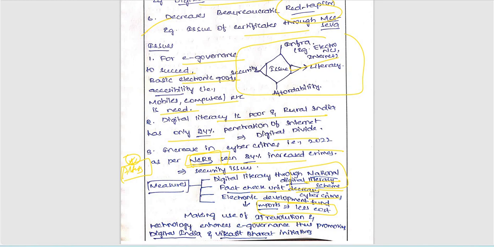Next, making use of the IT revolution and technology enhances e-governance, which promotes Digital India and Viksit Bharat initiatives. Very good. Already we have the Digital India platform, that is a 2015 scheme, and also the Viksit Bharat agenda. We have the 2047 agenda, that is the target. We can connect with it in the conclusion part.